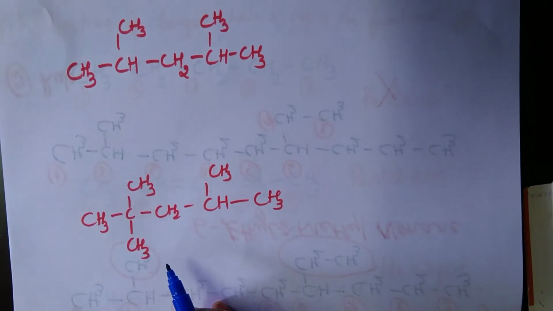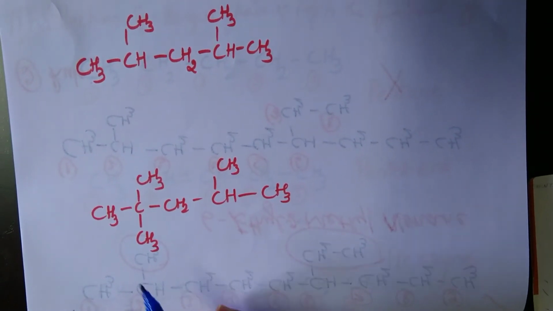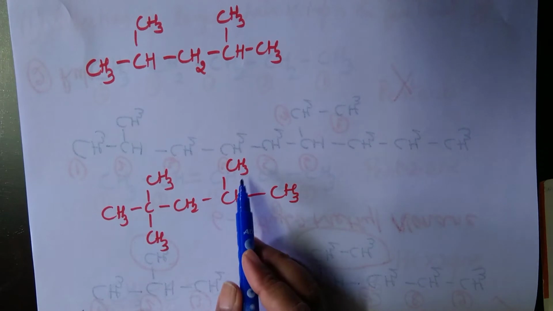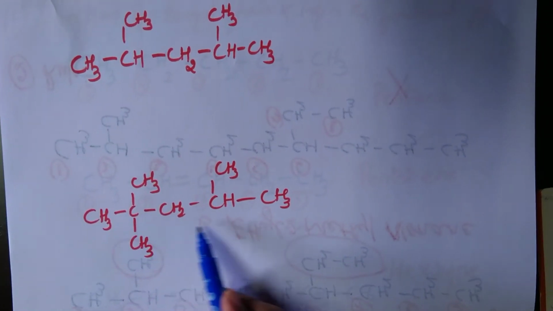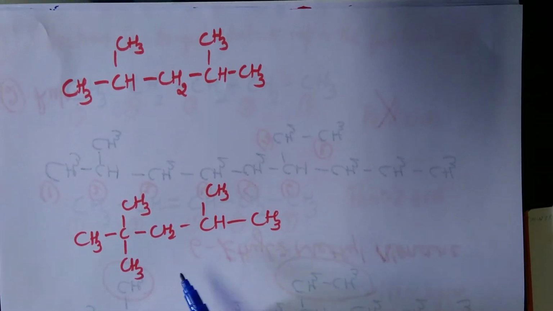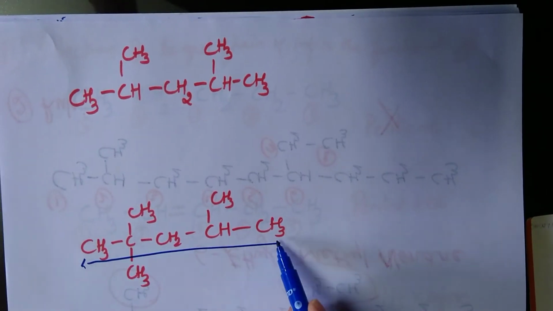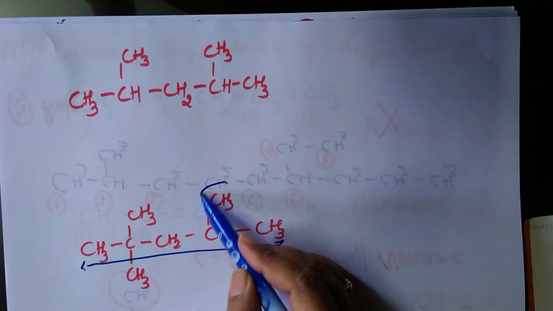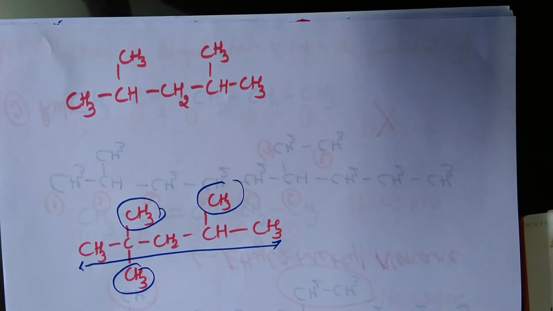In this example, we will try to understand two things. One is lowest sum rule, and if same substituents are there, then how to name them. So rule number 1, select the longest carbon chain. Number it in such a way that the substituents get minimum number. So this is our longest carbon chain, and identify the substituents 1, 2 and 3. So I need to number them.